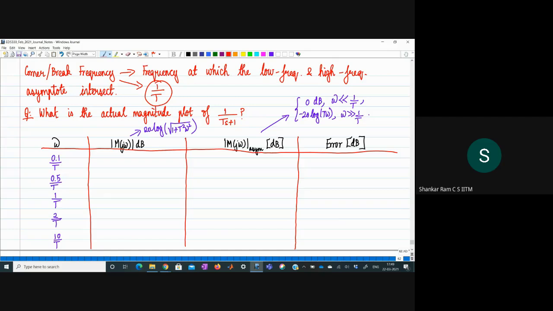Then we will also figure out the difference between the two, looking at the asymptotes and the actual value. All right, so I leave you with this exercise, and we will continue from here in the next class. So any questions on this?